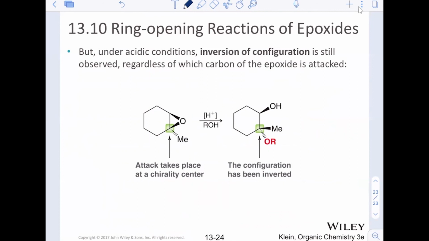Under acidic conditions, inversion of configuration is still observed, regardless of which carbon the epoxide is attacking. So there is still that SN2 reaction. Just with a tertiary, it has that electronic effect as well. So here we see a secondary versus a tertiary.